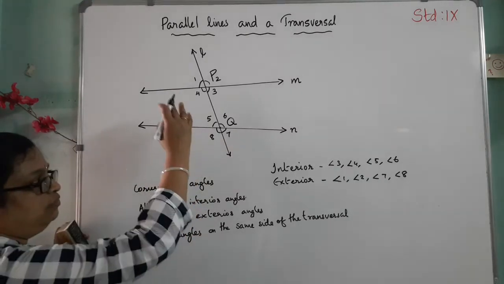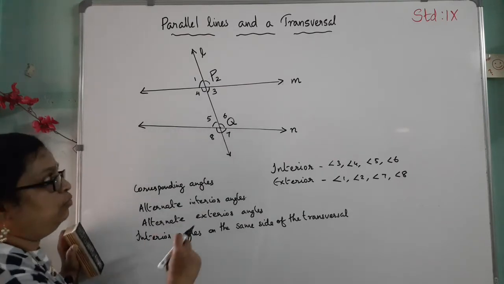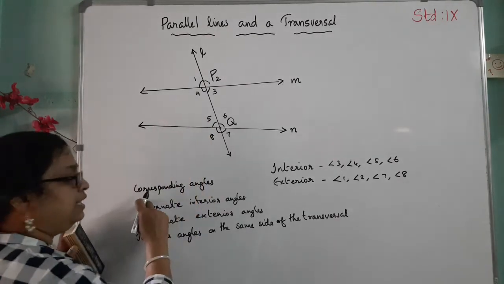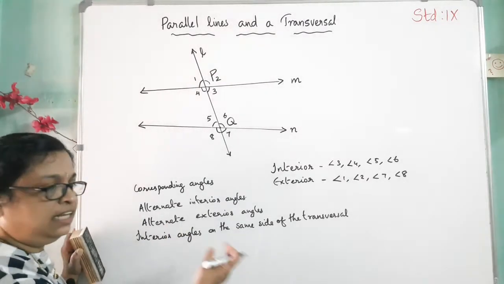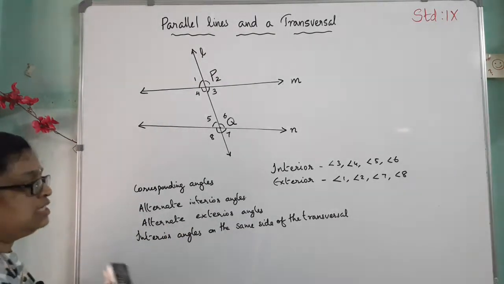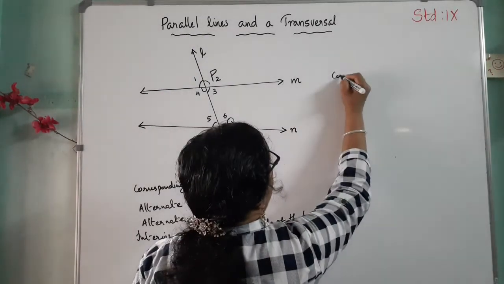That is, when a transversal intersects two lines, these pairs of angles are formed, called the corresponding angles, alternate interior angles, alternate exterior angles, and interior angles on the same side of the transversal. Then corresponding angles.